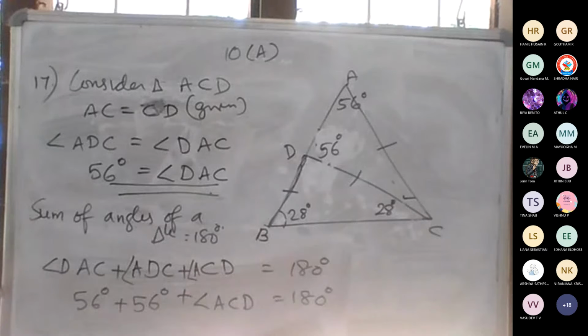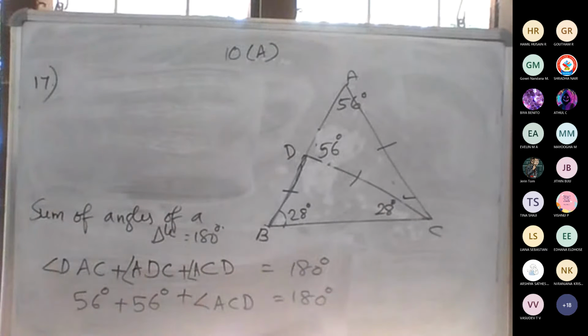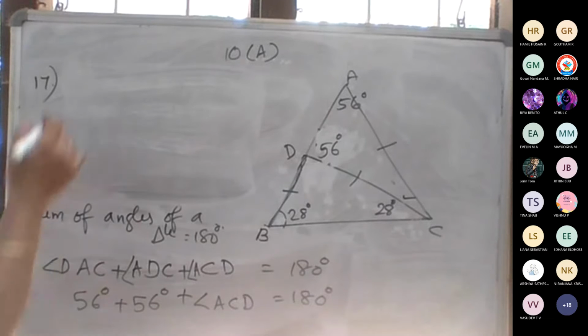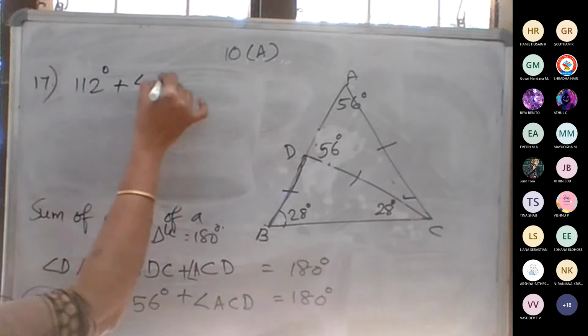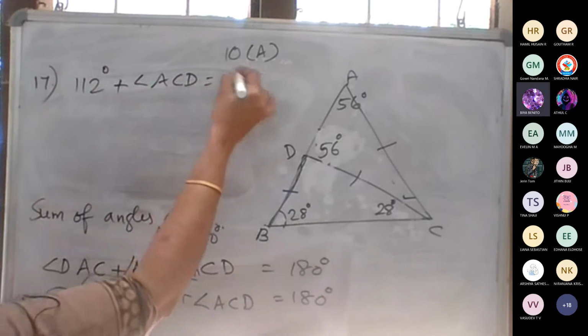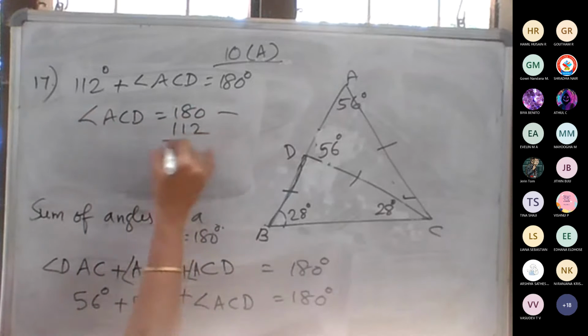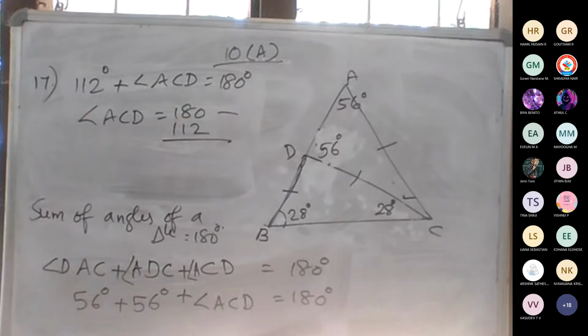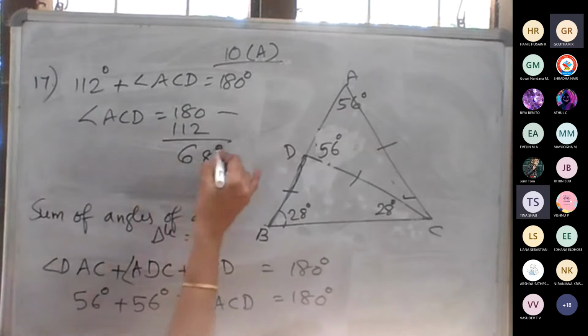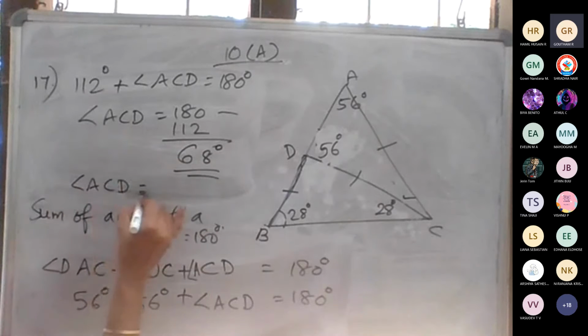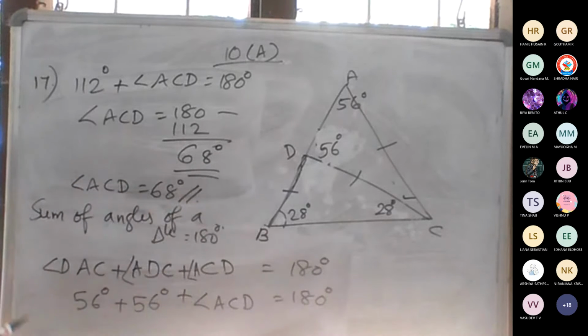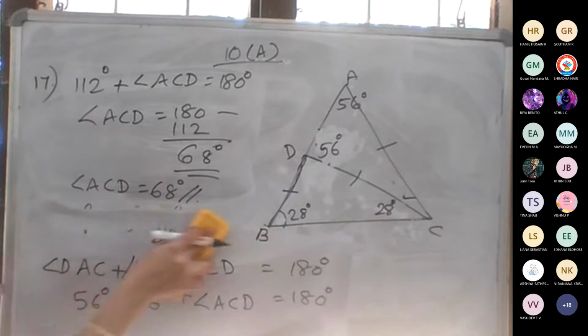So ACD is equal to 180 minus 56 plus 56, which is 68. Angle ACD is equal to 68 degrees.